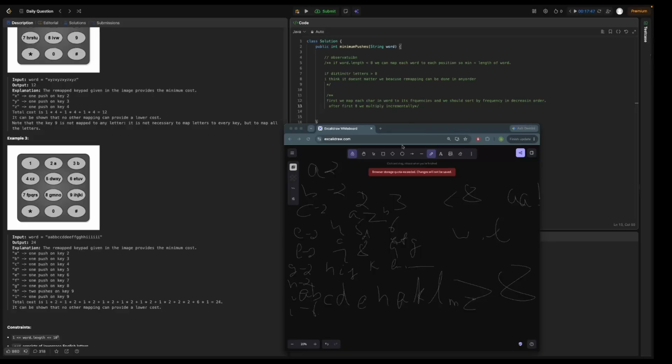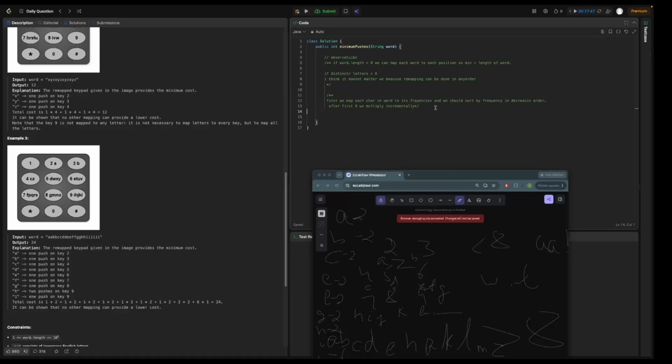First we map it to each button, and then for the 9th character we multiply it by 2. So we have to press the button twice times the frequency. The 9th character will be pressed 2 times its frequency, and for the 10th we use the star. I think this is the correct logic.